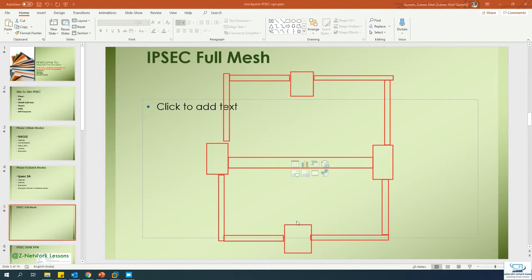Now what you missed is this to this, so you again have a tunnel like this. So everybody has a tunnel with every other branch site.